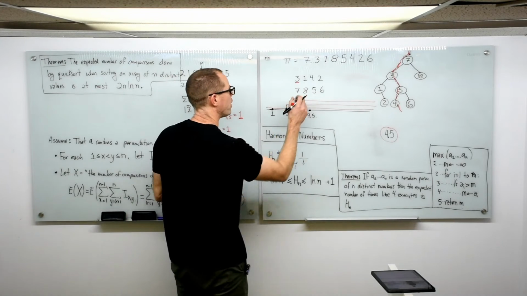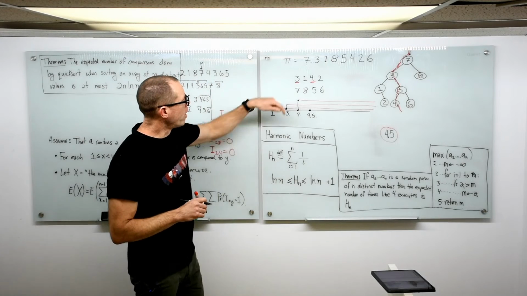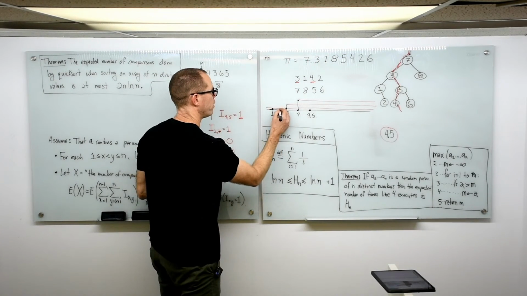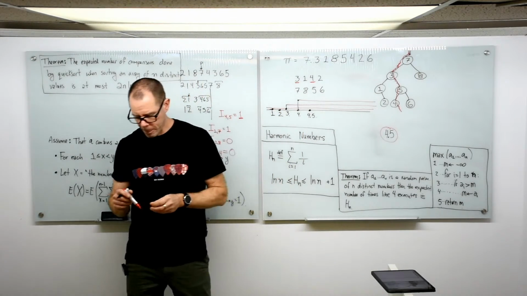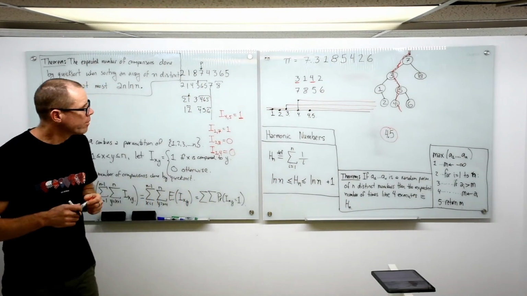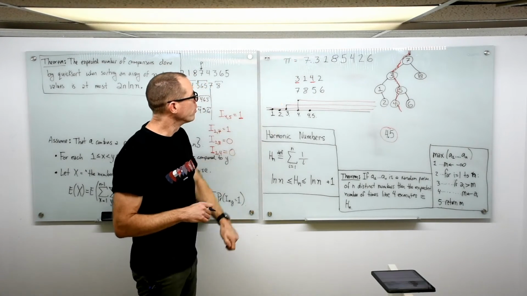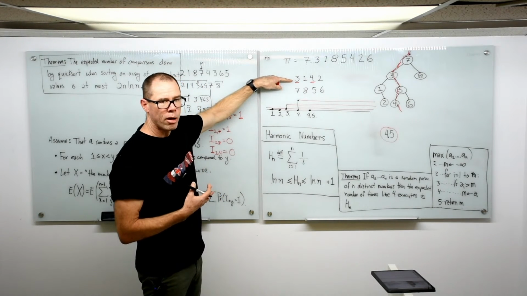So 4 is interesting. And then later on in the permutation, 2 comes along, which doesn't tell us anything really new. So these are the things that 4.5 gets compared to among the stuff that is smaller than 4.5.